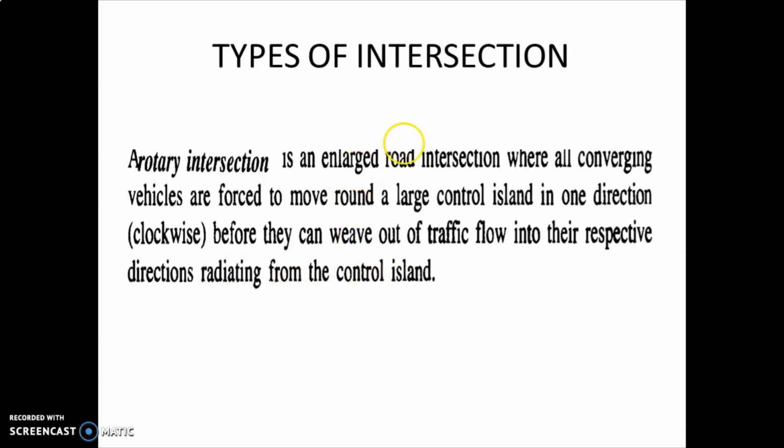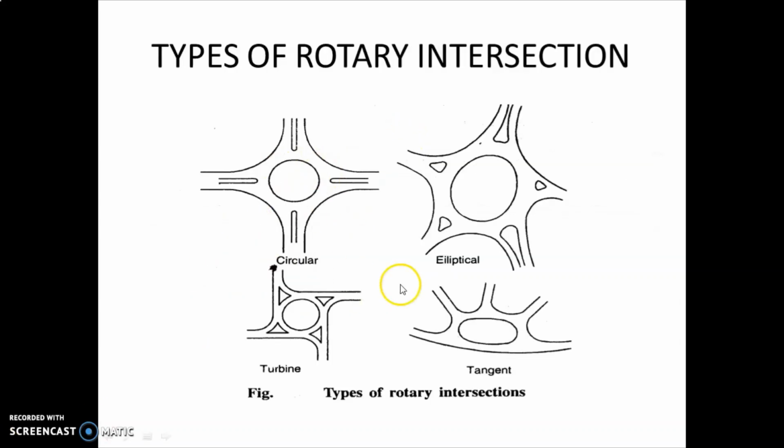You can see here these are the various types of rotary intersection. This is the circular one, this is somewhat elliptical, this is the turbine type of rotary intersection, and this is the tangent type. Okay, so we have discussed channelized intersection, unchannelized intersection, rotary intersection.